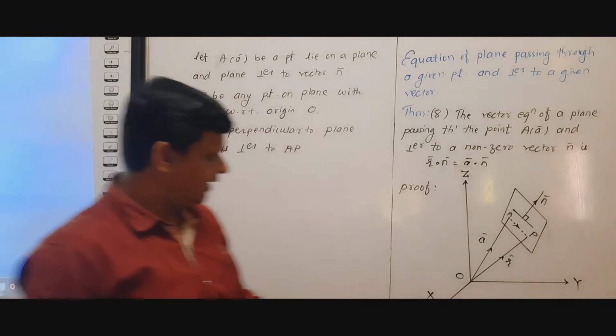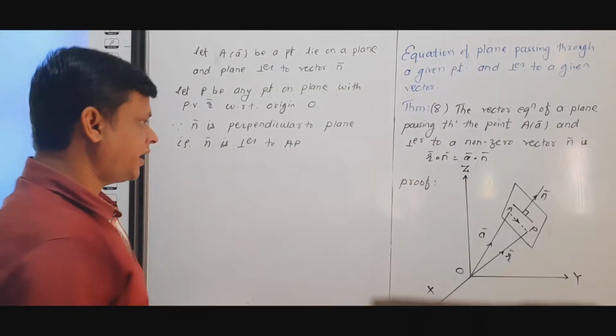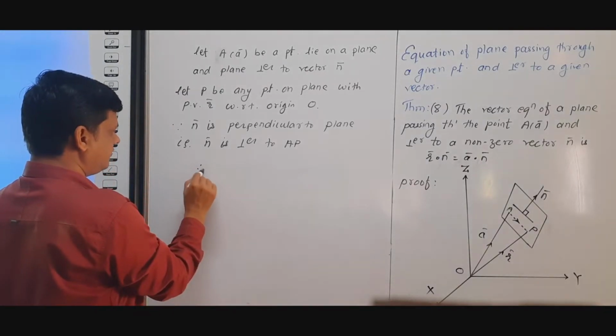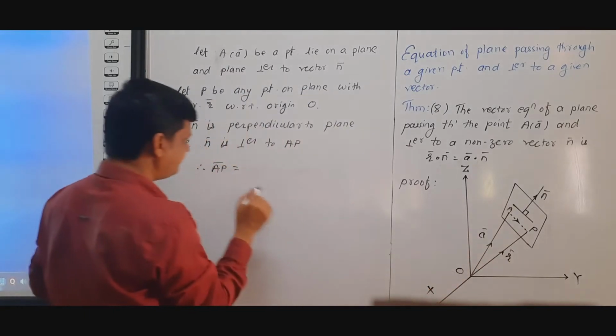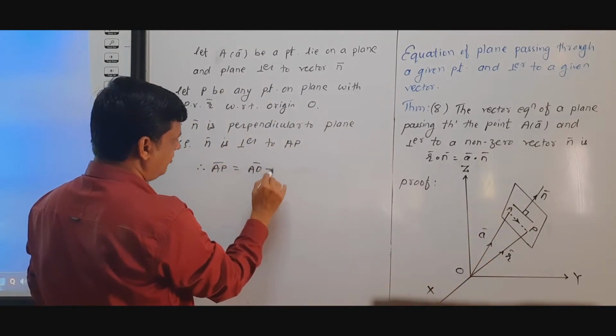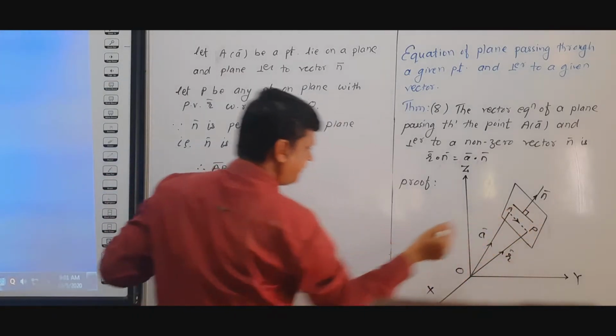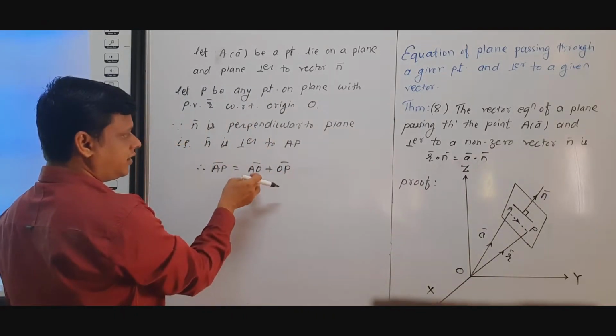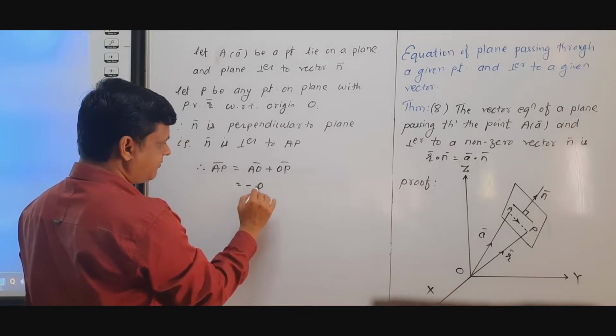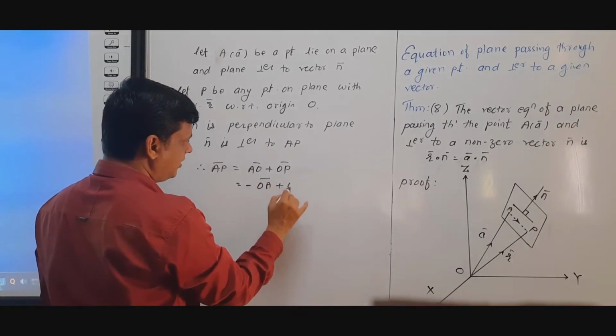So first we find the vector AP. We write vector AP. Therefore vector AP is equal to vector AO plus vector OP. We have the value of vector OA, so we write this as minus vector OA plus vector OP.